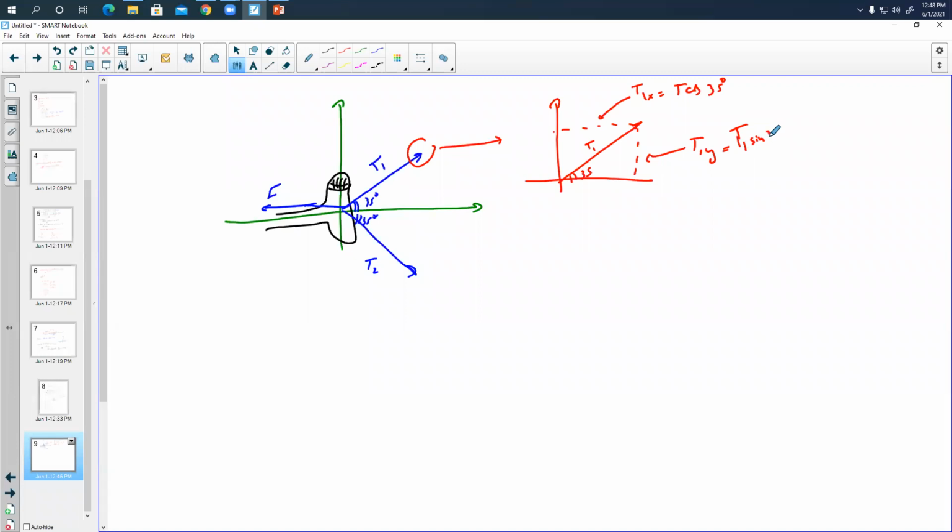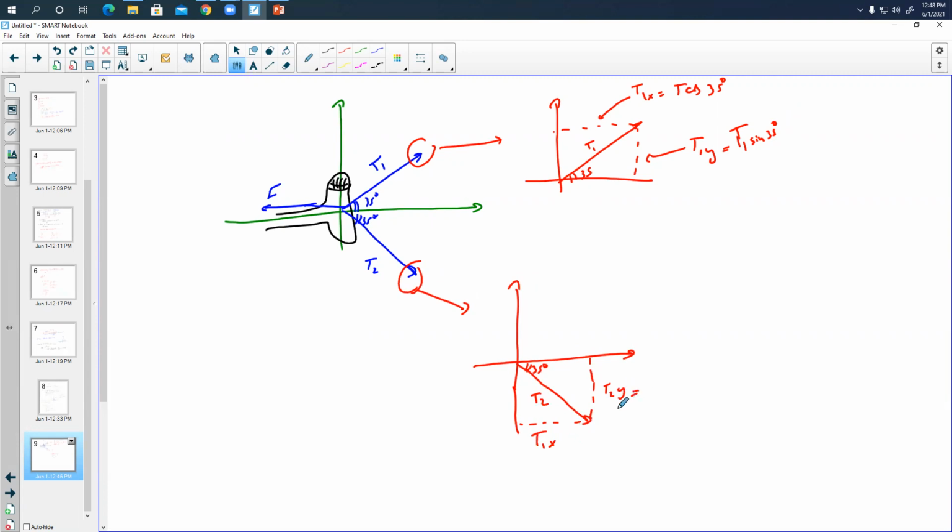And again, same thing for T2, which in this case is going down at a 35-degree angle. So this is going to be T2 in the y direction, and T2 in the x direction.